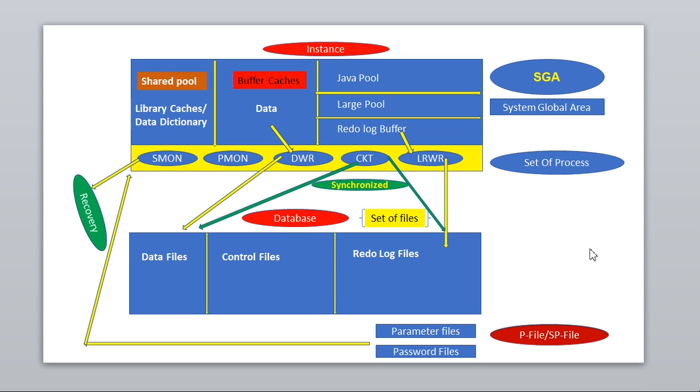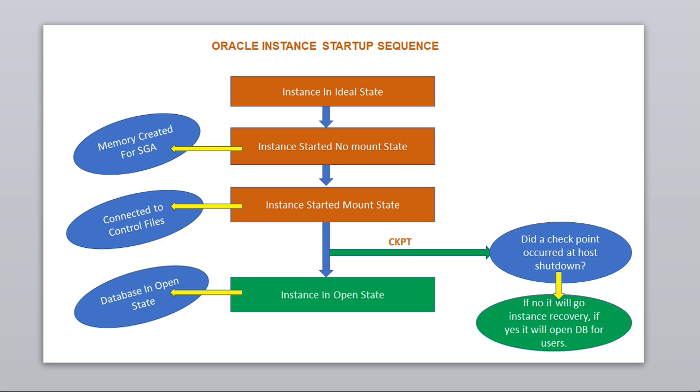In the next slide, I will take the example of any query like select or update, and then explain how the query flow happens inside the instance and database. The second, also a basic question, is the Oracle instance startup sequence, how the instance is starting internally, and step by step how it proceeds further and comes to open state.